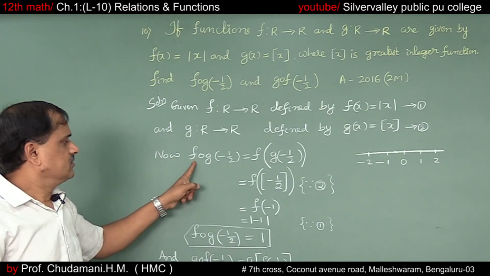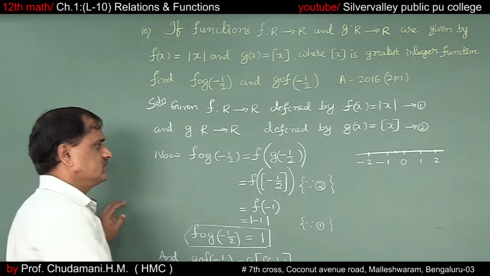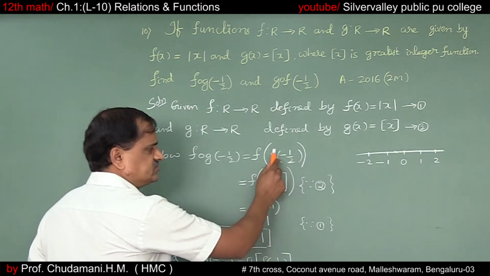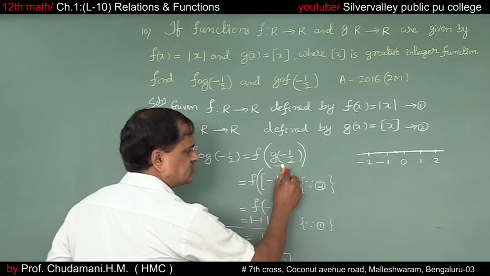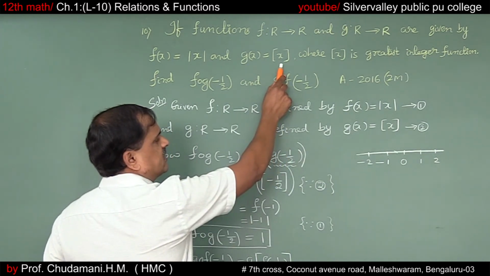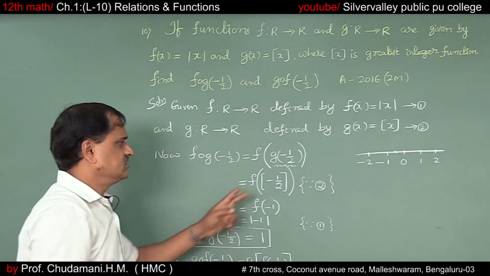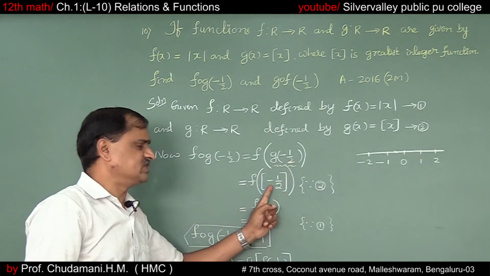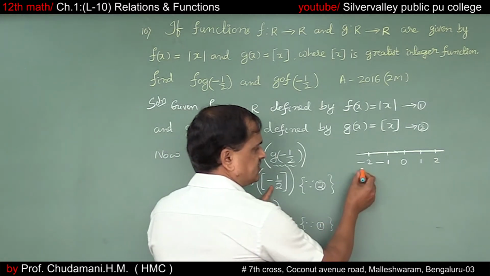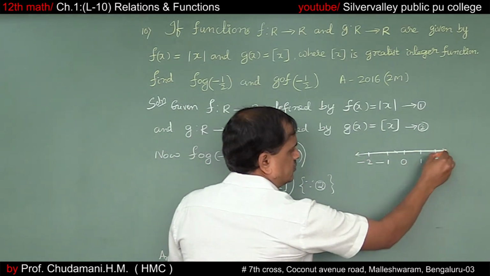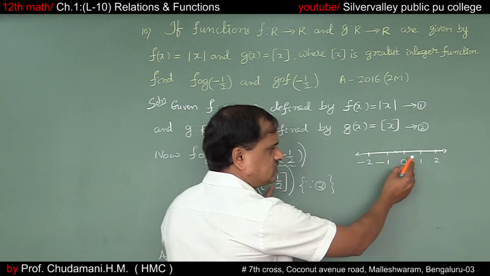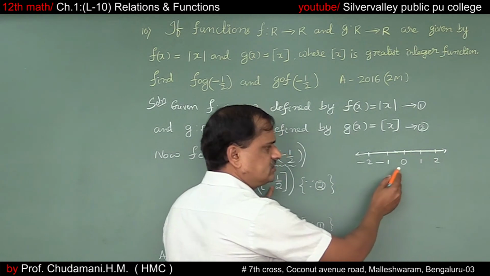Consider fog of minus 1 by 2. This can be written as f of g of minus 1 by 2. This is just like g of x. g of x means what? The greatest integer function of x. g of minus 1 by 2 means the greatest integer function of minus 1 by 2. Look at the number system. 0, minus 1, minus 2. The greatest integer function of 0.5 means 0.